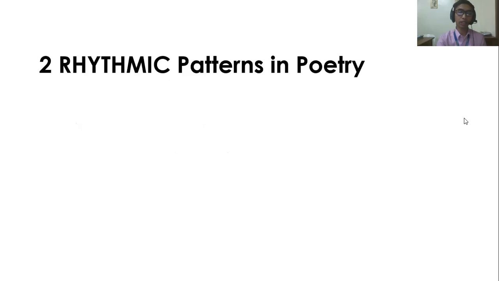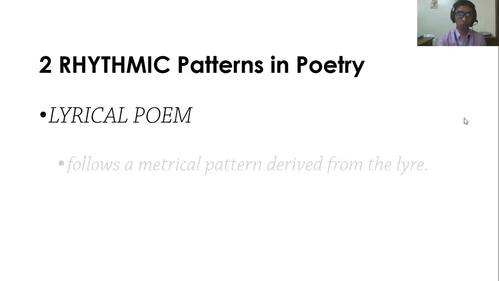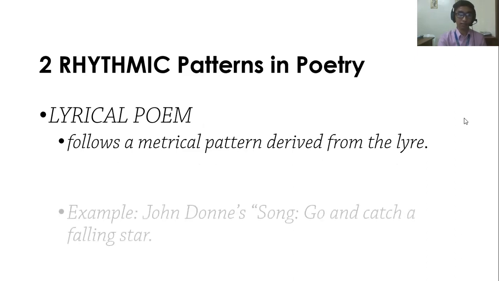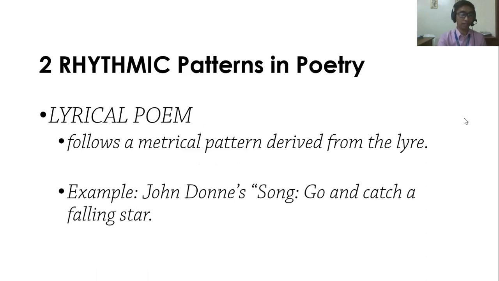There are two rhythmic patterns in poetry. The first one is the lyrical poem, which follows a metrical pattern derived from the lyre. A lyre is a musical instrument used for reciting or singing poems in ancient times. An example of this is John Donne's song "Go and Catch a Falling Star."